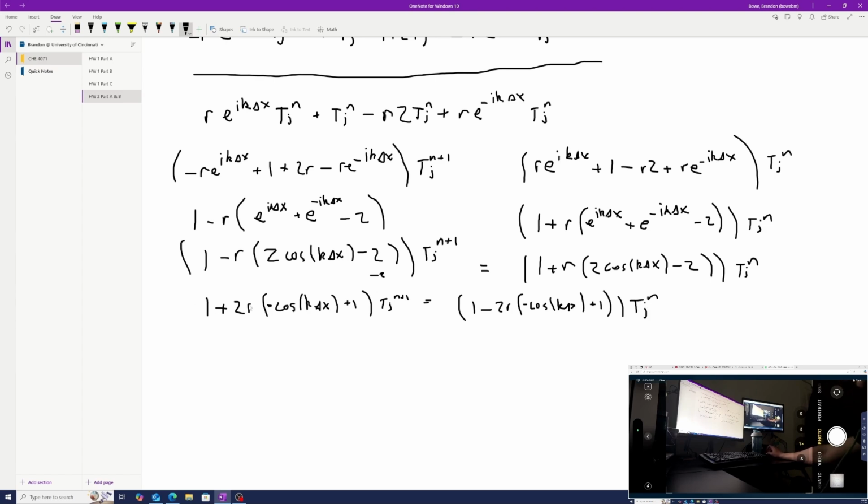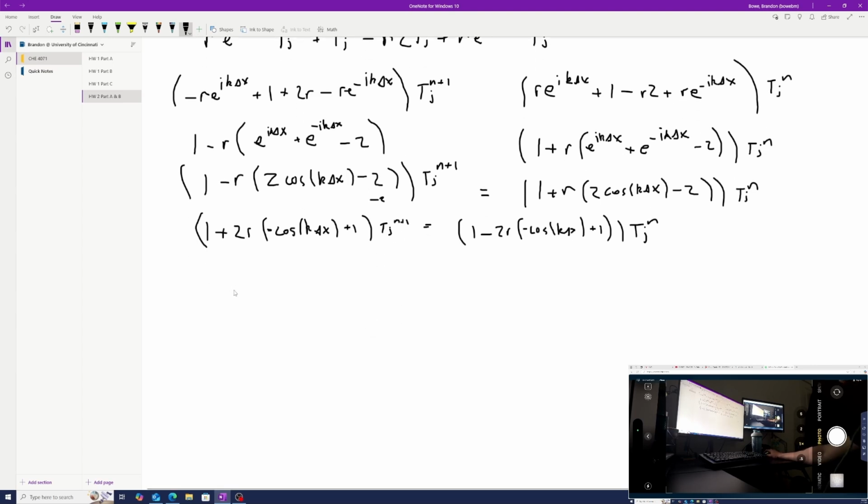So what we can do now is divide across by this left part and leave our tjn plus 1 on the left hand side, giving us tj at our next time is equal to our current tjn.